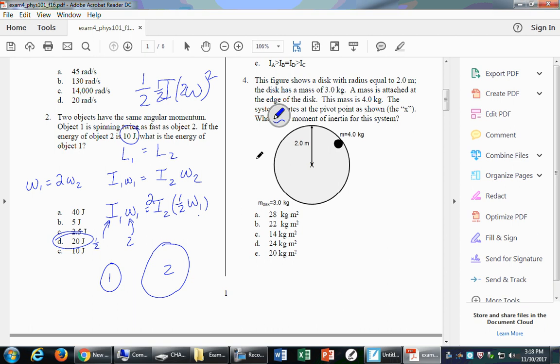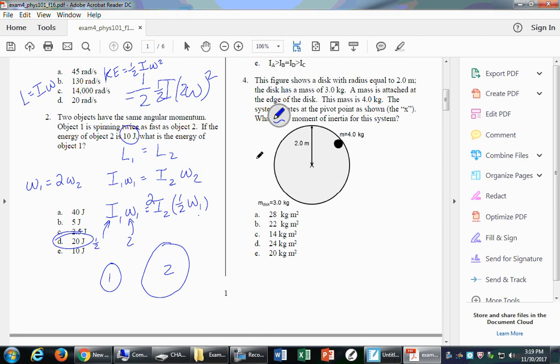So what does energy relate to? Like what are you multiplying by? When I think of energy, kinetic energy is 1/2 I omega squared. Okay? Angular momentum is I omega.